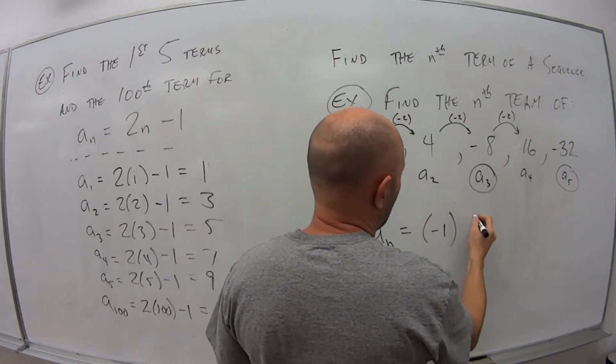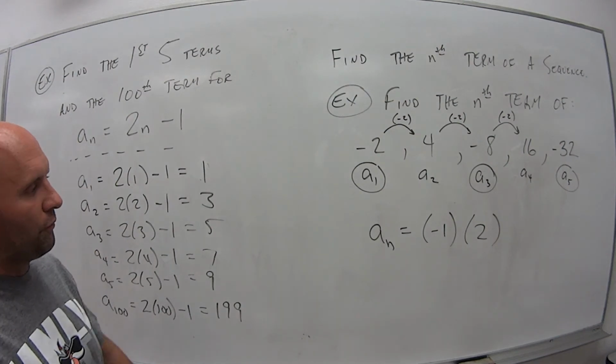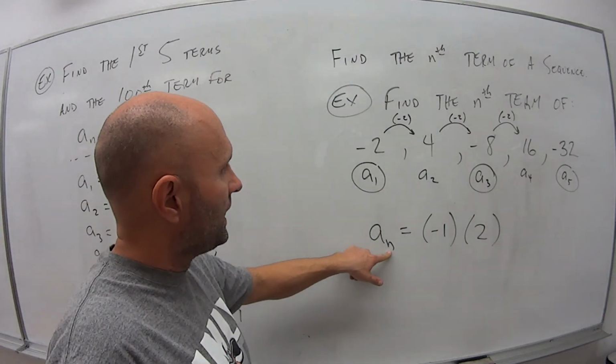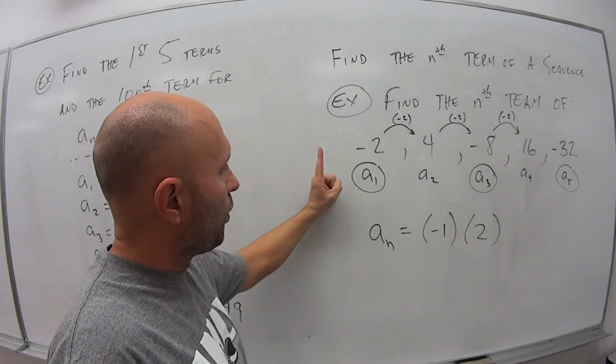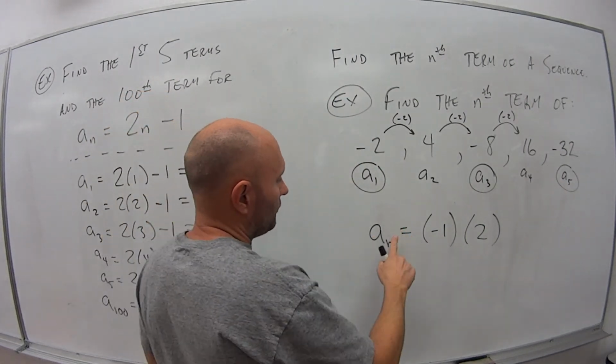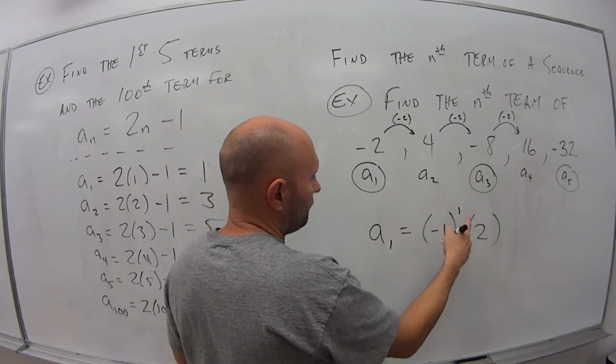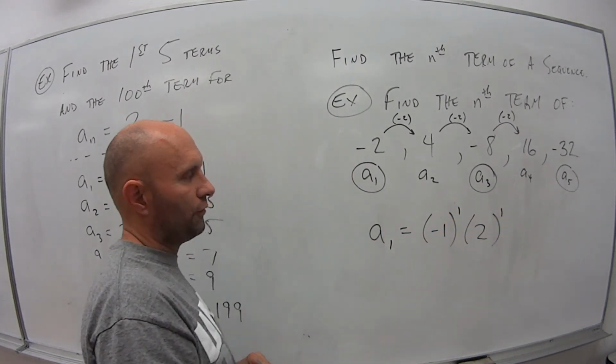And then I have multiples of 2. But don't forget, I have to have my value of n so that when I plug in 1, I get a -2. So that means what? So A1 is -1 to the first power and 2 to the first power.